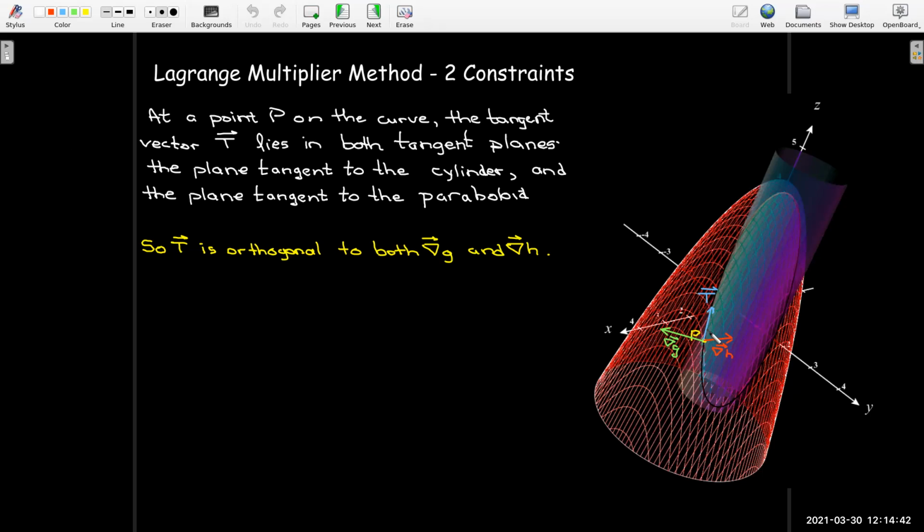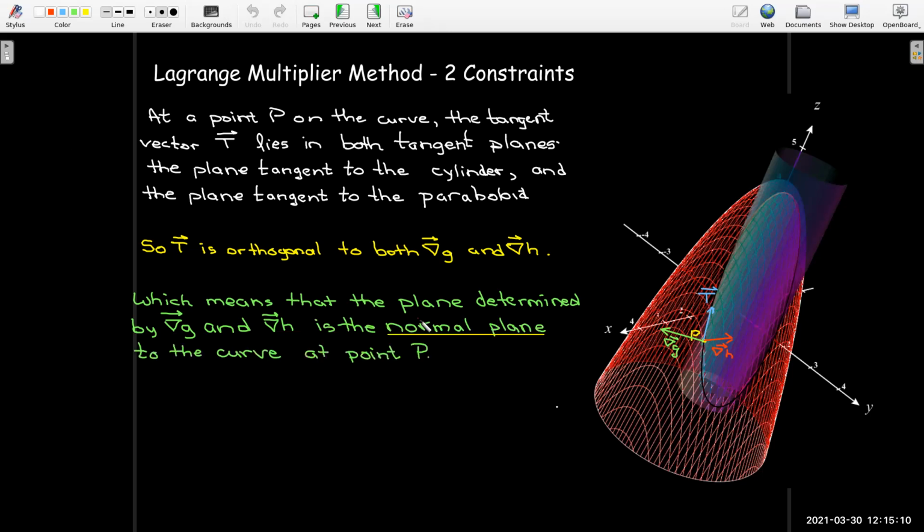So that means that if t lies in the tangent plane, then it's got to be orthogonal to the gradient of g. But it's also in the tangent plane for the other surface, so it's orthogonal to the gradient vector of h. And we could say then that these two gradient vectors, if they're not parallel to each other, are going to determine a plane, and that plane is normal to the curve.